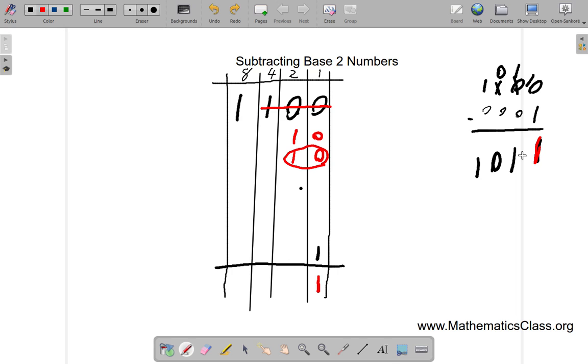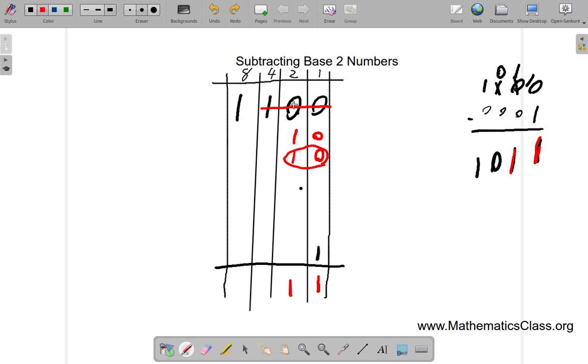Now this is 1 two minus 0 twos, an invisible 0 right here. This 1 two, you bring it down here, as happened in this case over here.